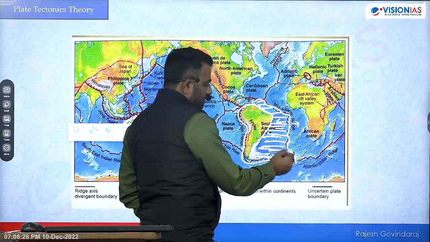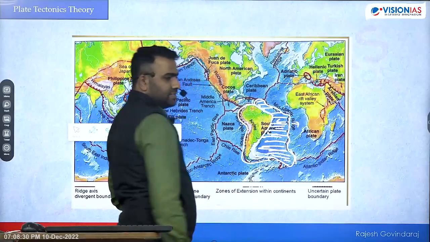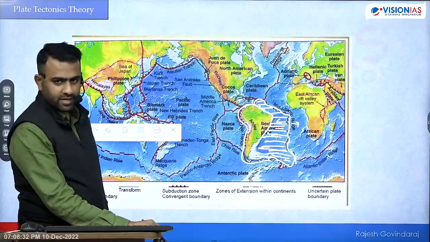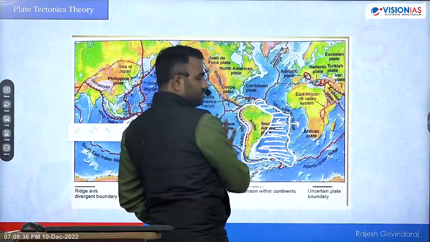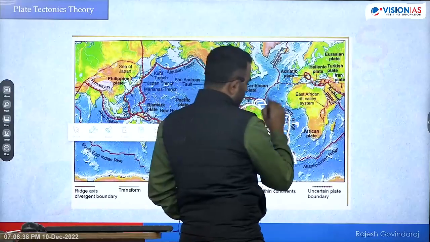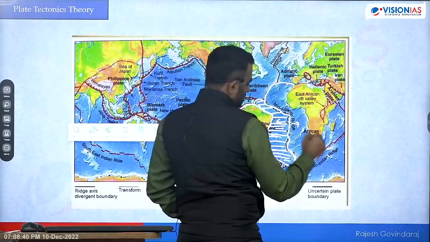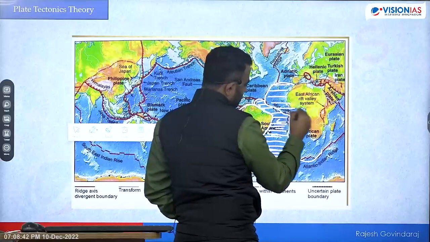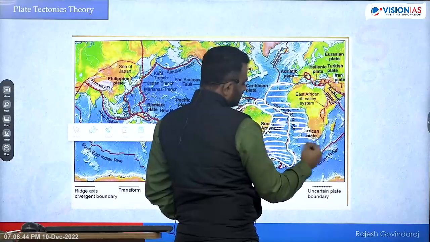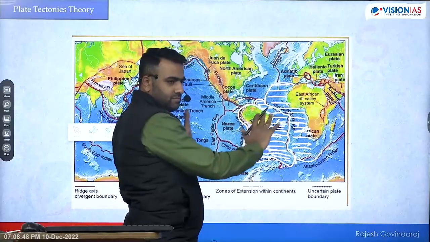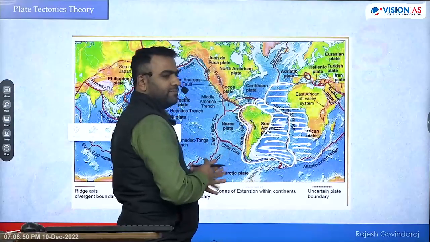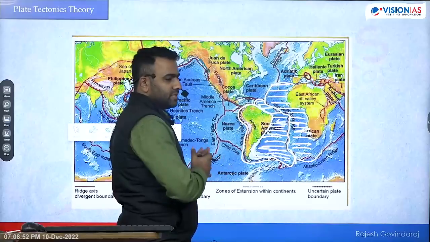With time, the size of oceanic plate will increase. Right? ये तो बढ़ते जाएगा. It will start to grow. And this side again the same thing happens. The size of oceanic plate will start to increase on this side. They're continuously moving away from each other. Let's go back in time. Okay, reverse button दबाओ.